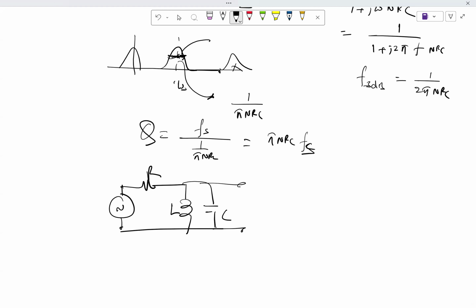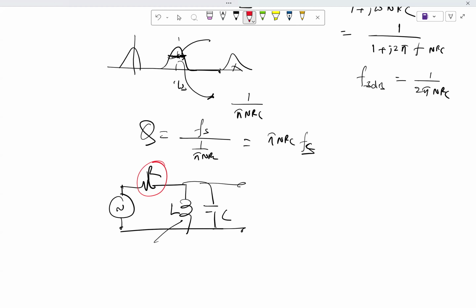Just because I am writing an L here does not mean that I can get a pristine L. The L comes with R, and you can assume that R has been incorporated here. So given an L and an R, a second order bandpass filter will have a finite Q beyond which you cannot go.